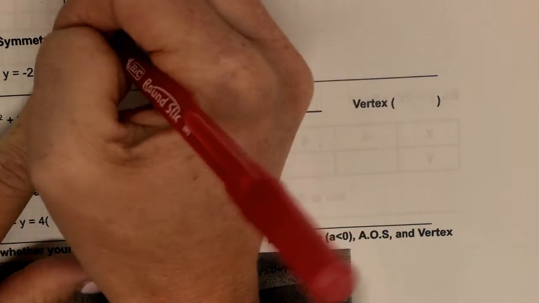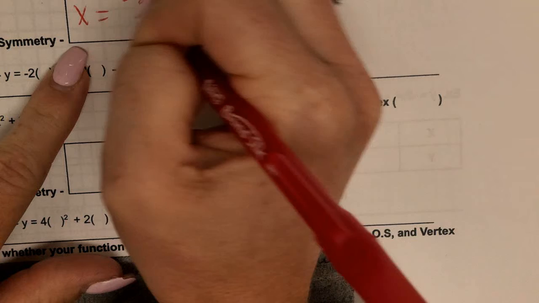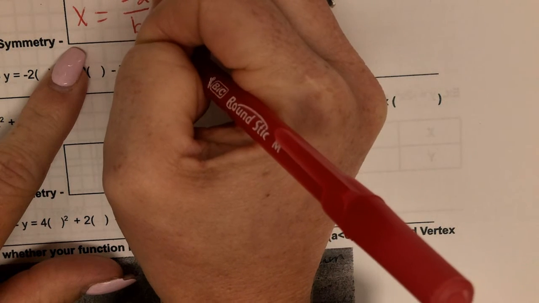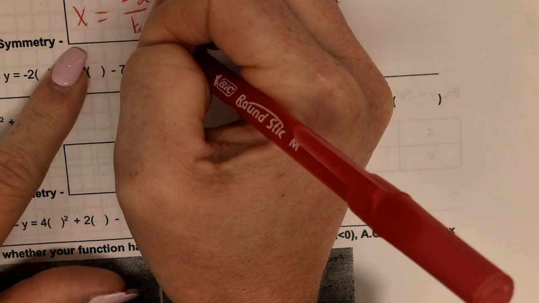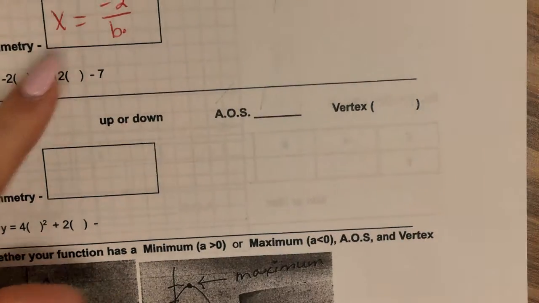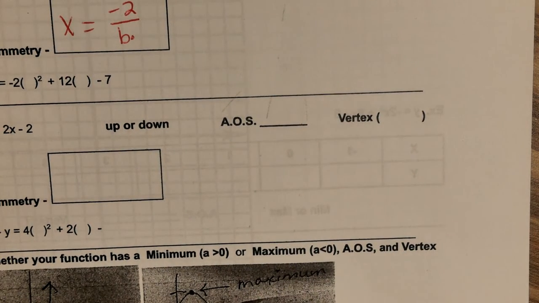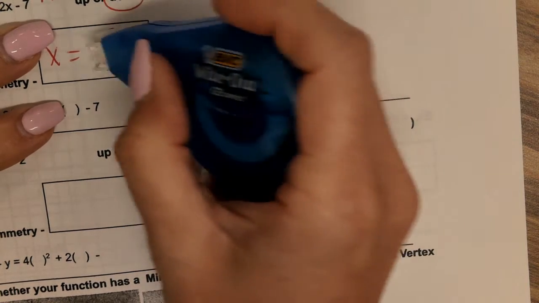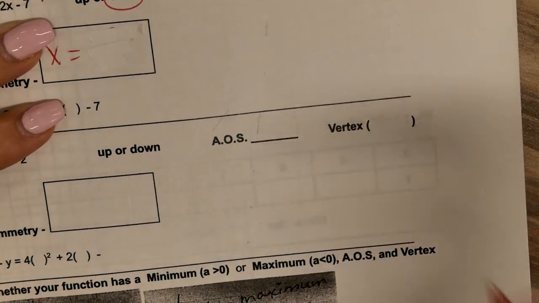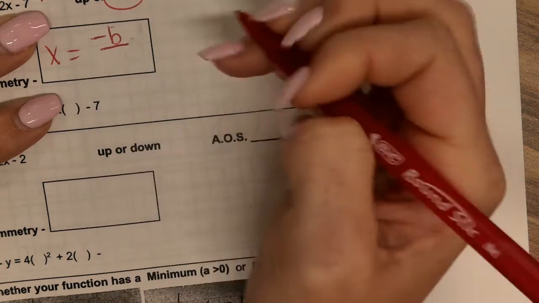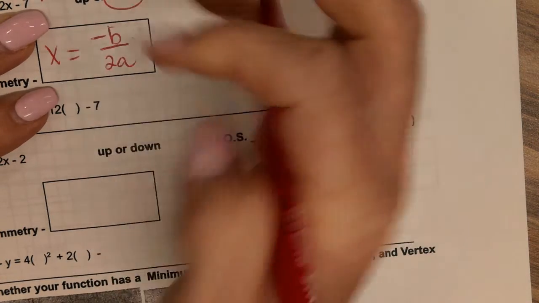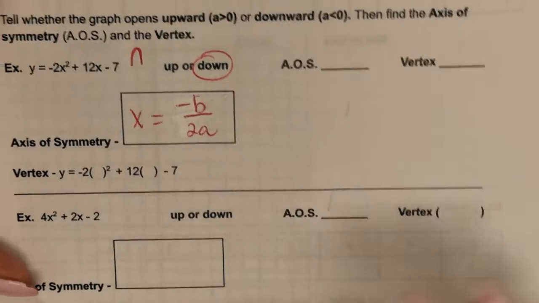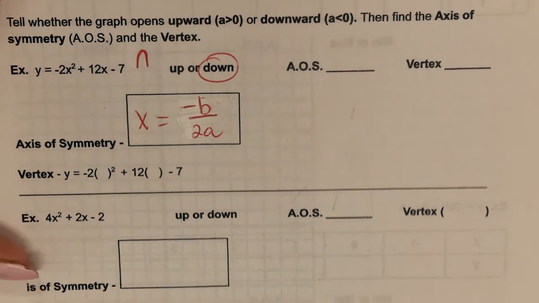So right here, x equals -b over 2 times a. I wrote it backwards at first; I said it correctly, and my brain got ahead of me. Sorry about that.